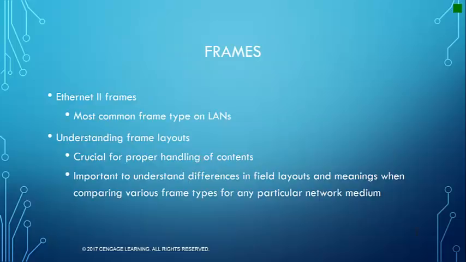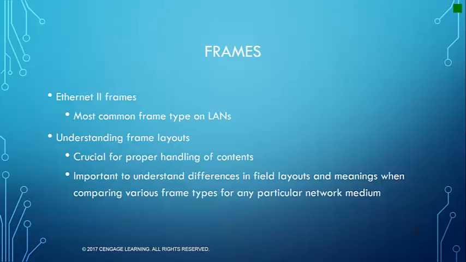When we look at Ethernet II frames, they're the most common frame type on LANs, but a variety of other frame types exist that carry TCP/IP over Ethernet networks. Other Ethernet frame types that can carry TCP/IP include the Ethernet 802.2 LLC frames.